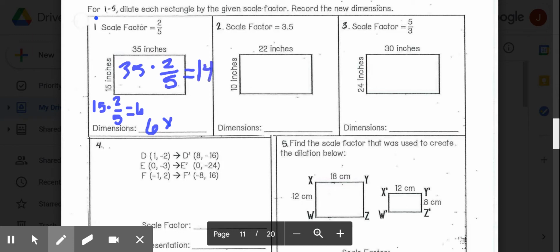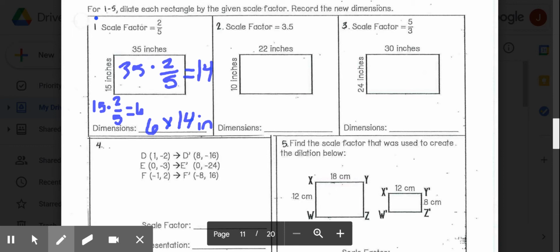So the new dimensions of our new figure, if we dilated this original by a scale factor of 2/5, would be 6 by 14 inches. And you can already see, since we had this scale factor smaller than 1, our dimensions got smaller. So our new figure would be smaller than the original because we had that scale factor less than 1.